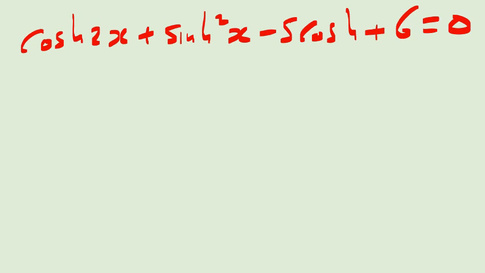Just have a look at that. There's an x missing over there. So cos 2x plus sin squared x minus 5 cos x plus 6 equals 0. Solve for x. Pay careful attention. I like this question.